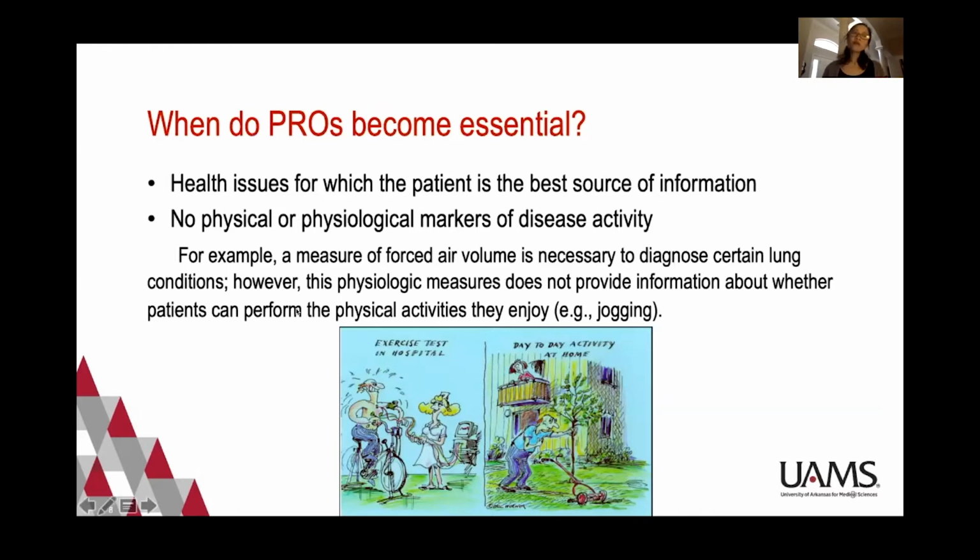So when do PROs become essential? Patient-reported outcomes become very important when the health issue is one where only the patient is the best source of information, and the disease or condition has no physical or physiological markers of disease activity.